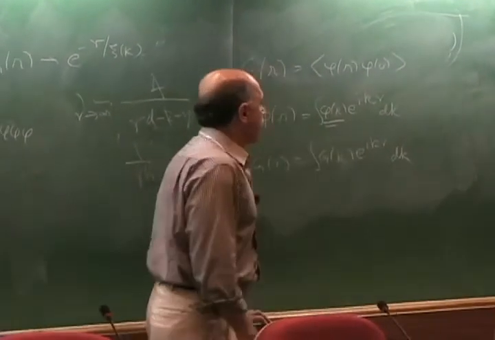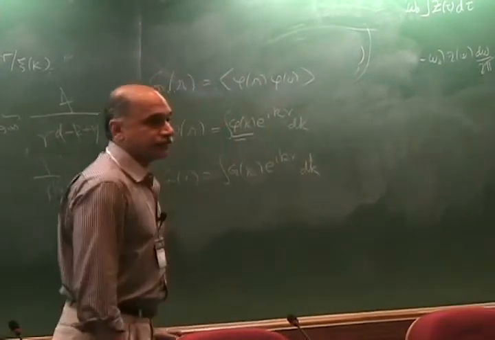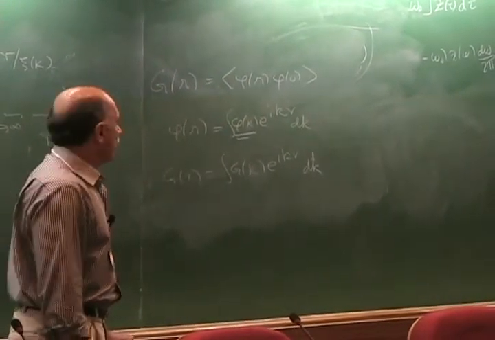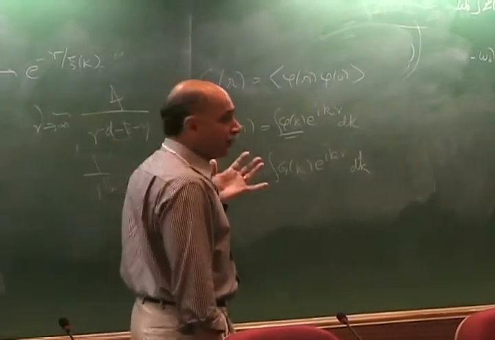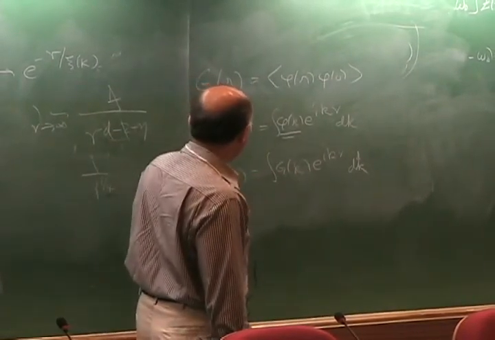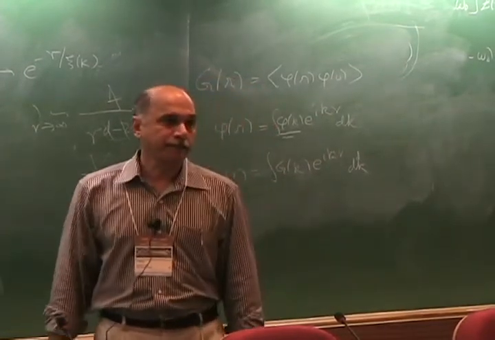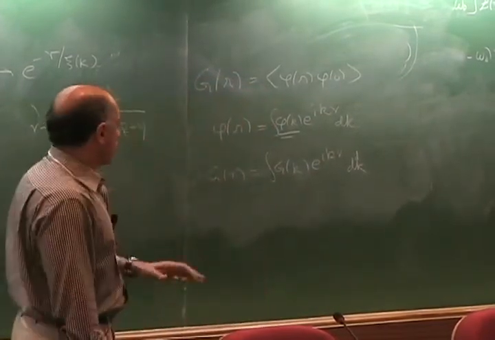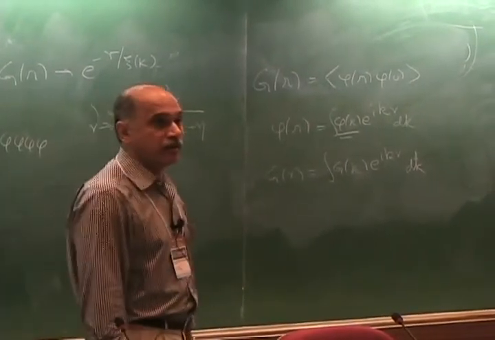Here dk is shorthand for any number of dimensions. I'm just saying, if you go to the Fourier transform variables, we all know from elementary quantum mechanics that if you're interested in very large r, you should go to very small k. So the physics of large r is controlled by the variable phi of k for small k.